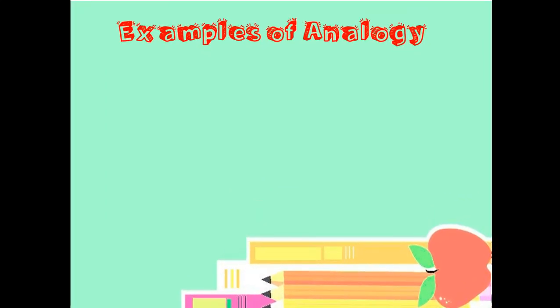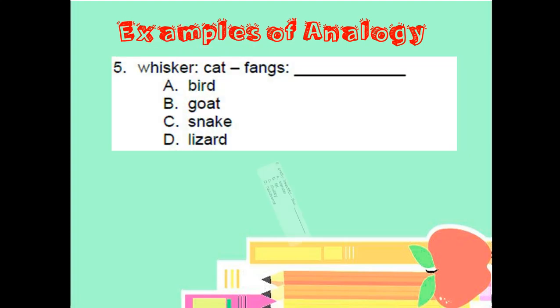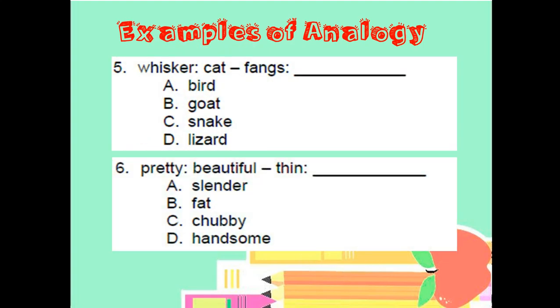Let's proceed to another examples of analogy for number 5 and number 6. For number 5, we have whisker is for cat, fangs is for blank. Is it A. bird, B. goat, C. snake, or D. lizard?